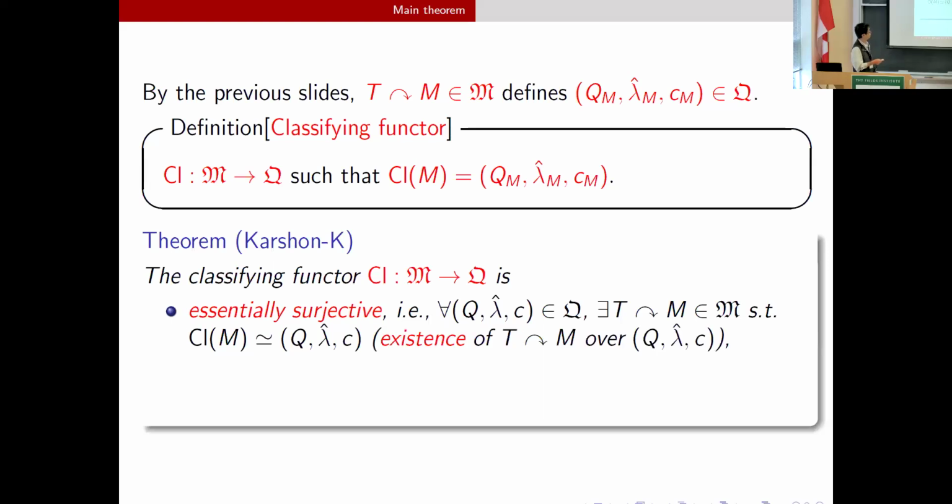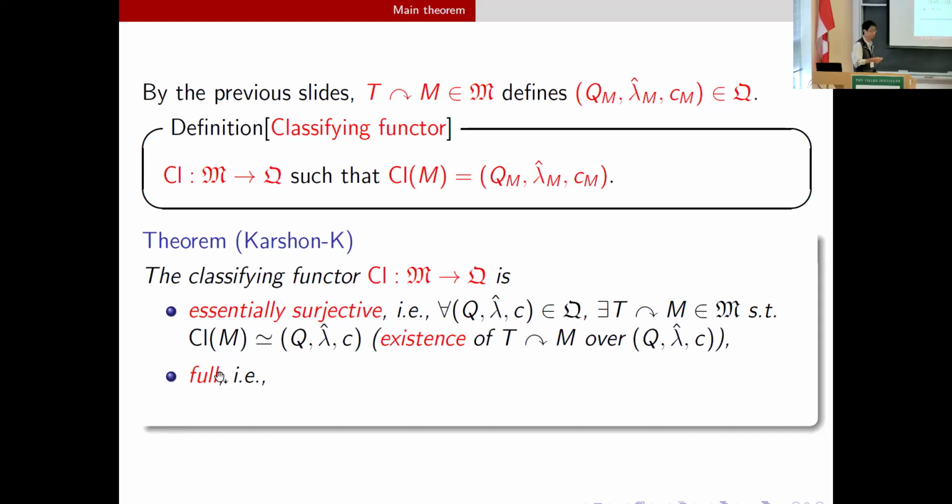And actually, this gives an existence of the locally standard manifold over this triple invariant. Okay. So it's not enough to say classification. To say classification, we also need these conditions.